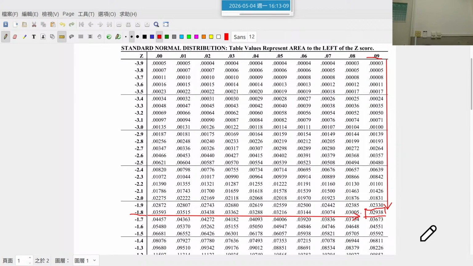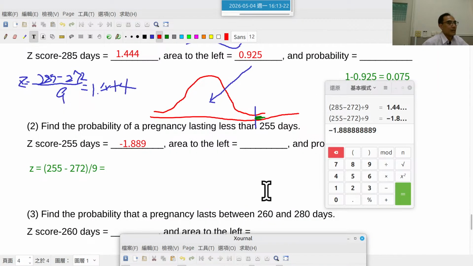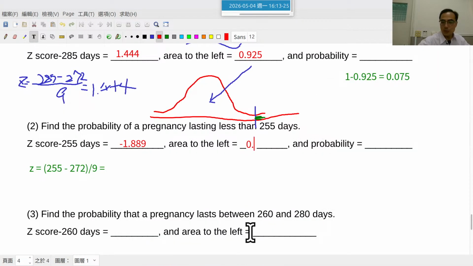Get it? I think some of you already get the idea, but I want to have a quick review. Next, the area 0.2938 and the probability are the same.